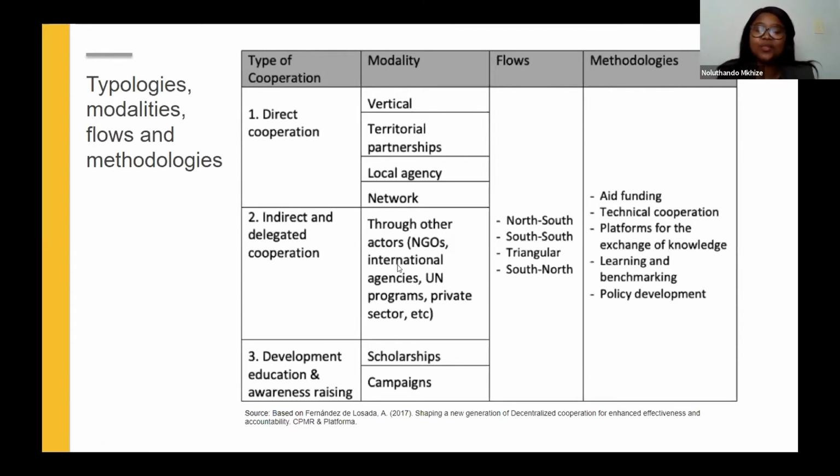So the table that we can see on our screens is lifted from the 2017 Platformer study, and it basically summarizes the type of cooperation, modalities, flows, and methodologies. And before we move any further, I'd like to encourage our practitioners on the ground.